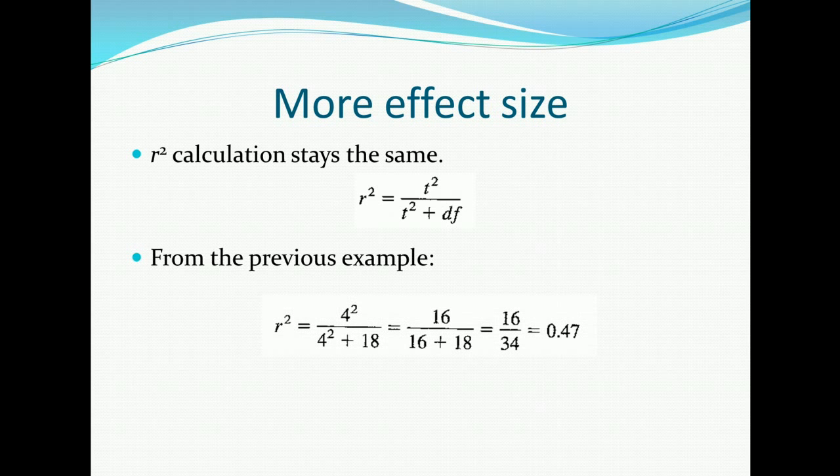For this example, 4 squared over 4 squared plus 18, so that's 16 over 16 plus 18, which is 16 over 34. That gives you a resulting R-squared value of 0.47, which I would consider quite large. It's saying that 47% of the variance in recall may be accounted for by the use of mental imagery.